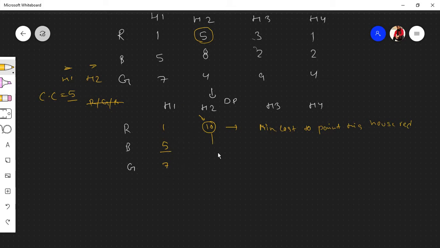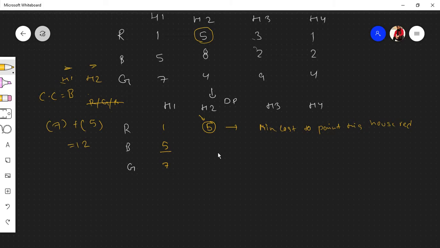For example, if I would have taken 7 in this H1, I would have painted it with blue. So my total cost will be 7. Now for this I need to paint it with red only, because this is for red, this is for blue and this is for green. So I need to paint it with red. Now if I want to paint it with red, I have to pay 5, so it will be 12.